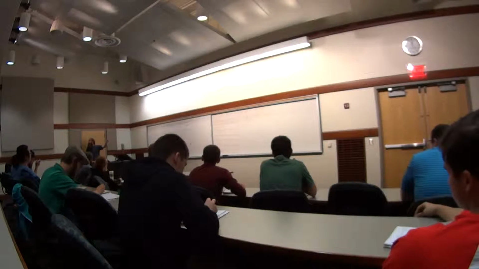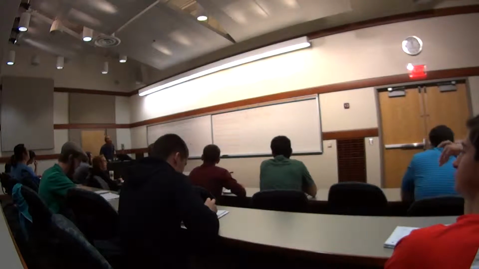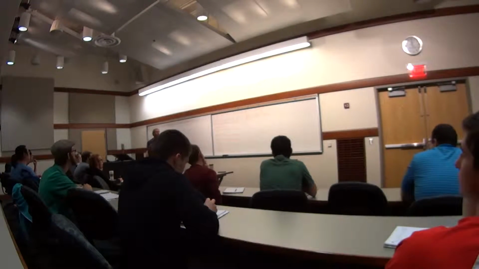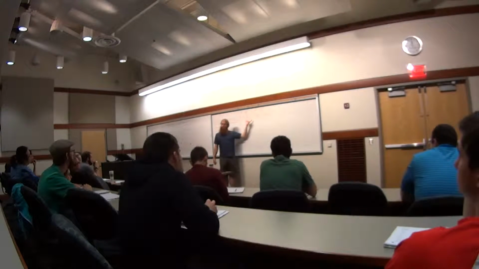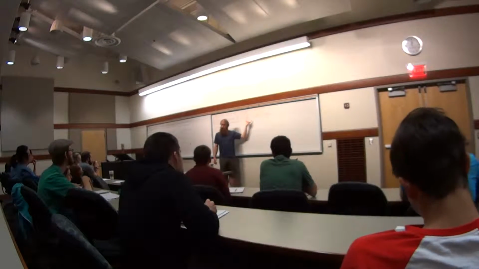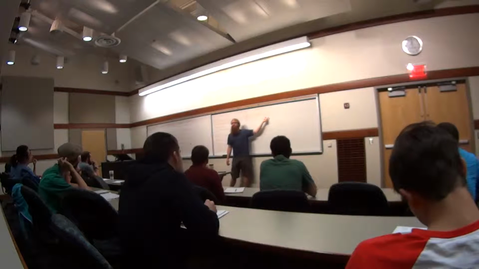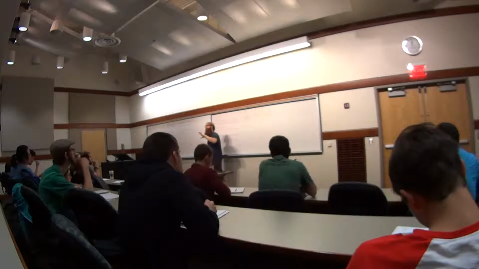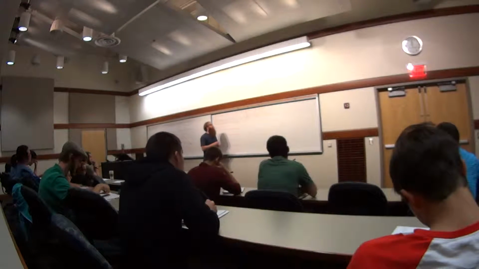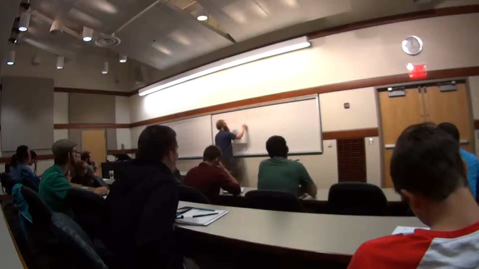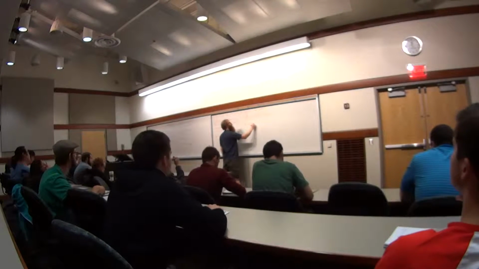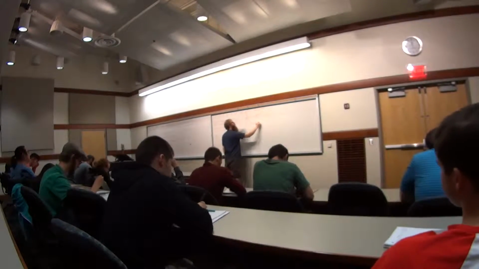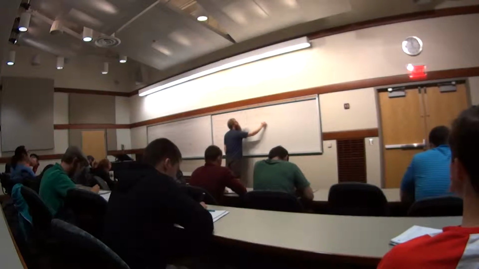Any value of n for which this equation holds will give me P of n is true. Any value of n for which this equation does not hold will give me P of n is false. So my goal is to show P of n is true for all n in the naturals.